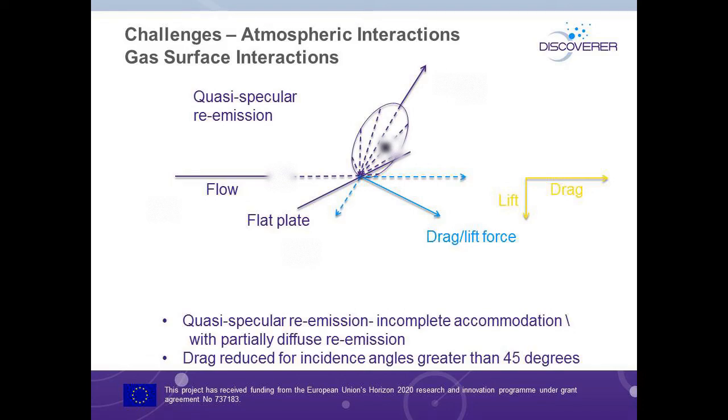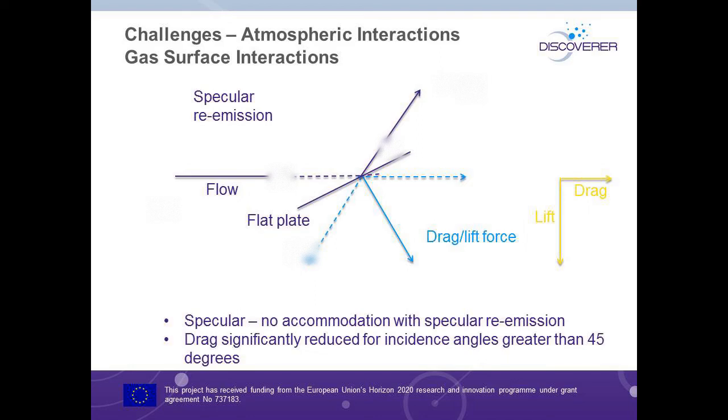Drag is reduced. You'll note, though, there's an important caveat here. You need to get the angle of the surface above 45 degrees compared to the flow. Otherwise, in fact, you increase the drag on the satellite. So you need pointy geometries, and back to streamlining and 1960s stuff. Better still if we can get to fully specular emission, so that we're scattering those molecules off the surface without actually changing the velocity of them.